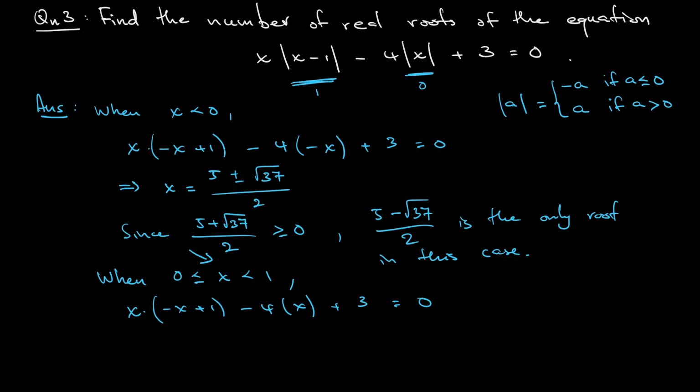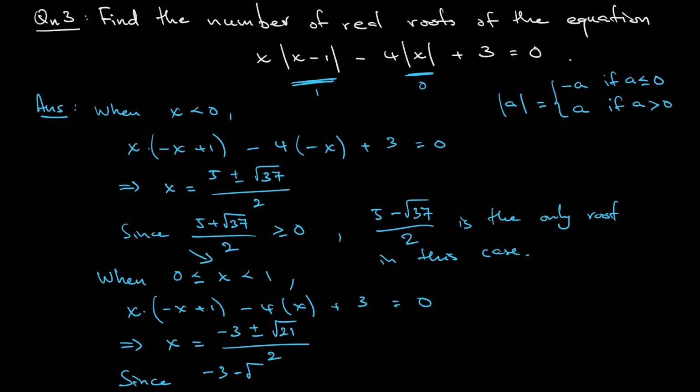Again, opening up the bracket is a quadratic equation, so for the two roots you should get negative 3 plus minus square root 21 over 2. Again, I do not accept both roots yet. I need to check whether it falls into the range that we are considering, which is now in between 0 and 1.